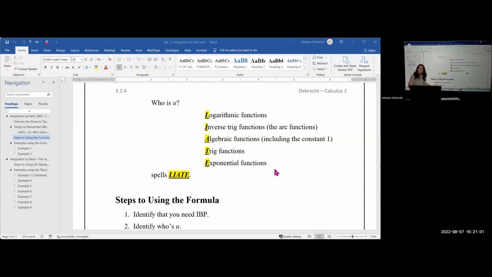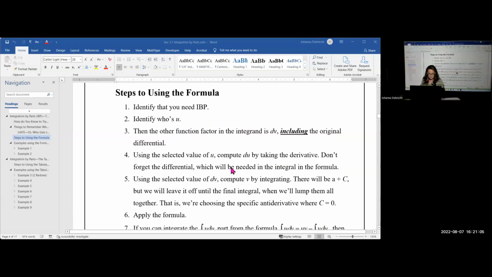All right, so let's go through the steps to apply the formula. You have to identify that you need integration by parts. You've either got an integrand that you don't otherwise know how to integrate, natural log, or some kind of inverse trig function, or you have two types of functions: algebraic and natural log, algebraic and inverse trig, exponential and algebraic, trig and exponential.